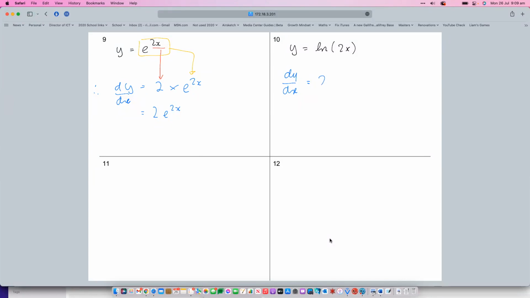Did you get 2 over 2x? Wait, we've got 2 over x. So you find the derivative of the inside, which is 2, and then you find the derivative of the whole thing, which is 1 on that.